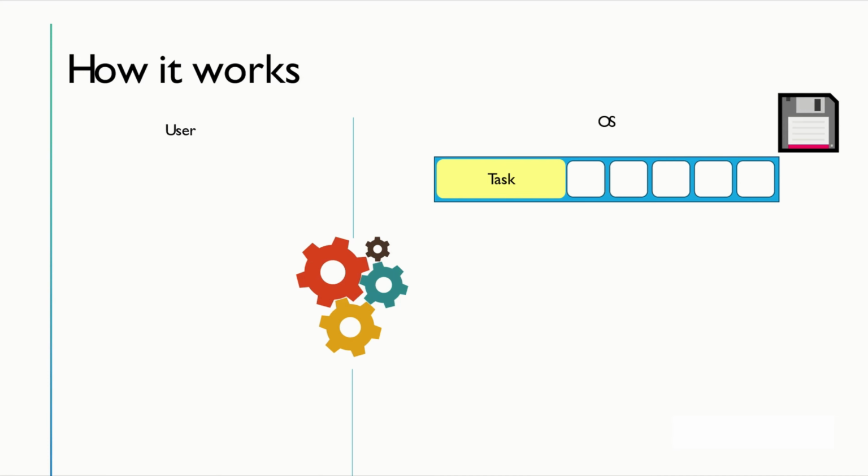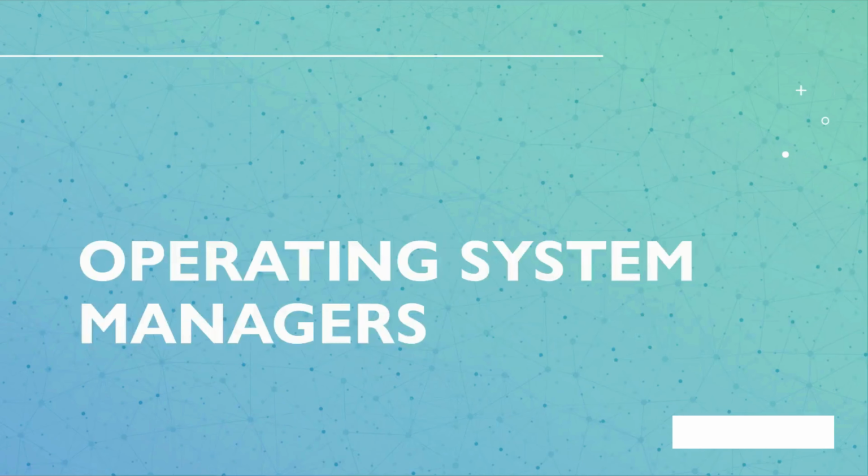So the operating system here, or the CPU, is not going to process this task unless that permission is being granted. Once that permission is granted, then the operating system starts processing it and pulls it up for you as a user to view it. Once that is done, space is being cleared out for additional tasks to come. This is how the operating system managers work together to make the CPU processing much more efficient.